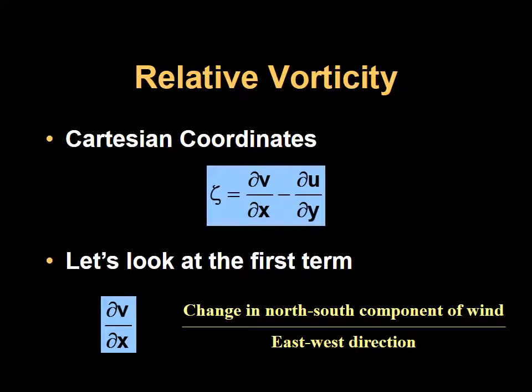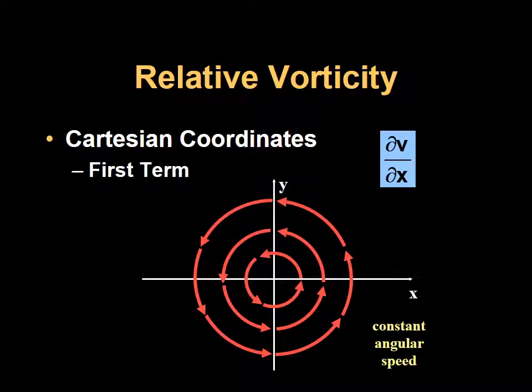We'll take the first term, how the v changes in the x direction. And remember, the v is the north-south component of the wind. We're going to look at how that changes in the x direction. So this is what we've got. We've got some spinning here, some vorticity field. This is the wind field, a vector field. Looks like the winds are getting stronger as you go out from the center. They're kind of weaker, closer towards the center of the spin.